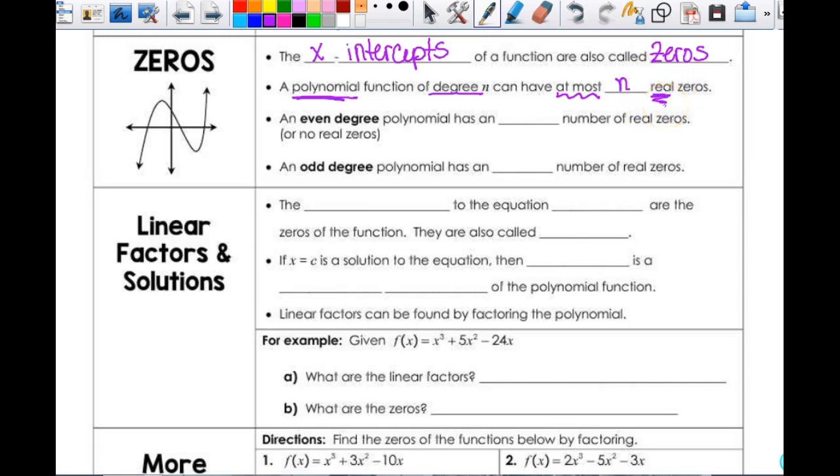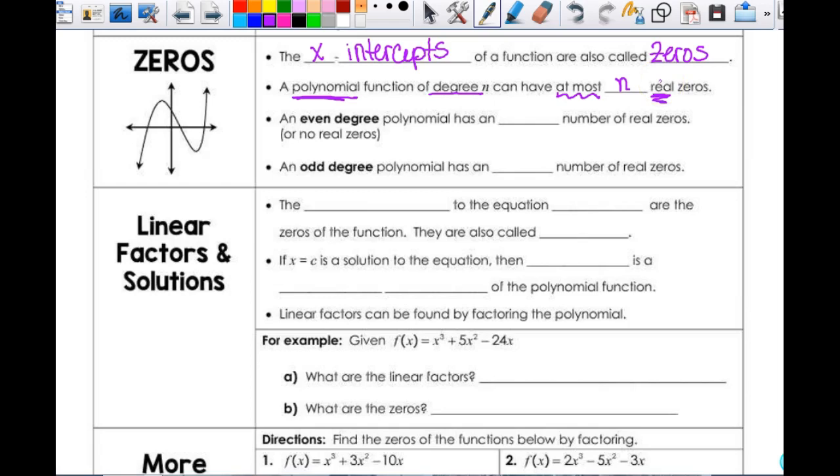That word real is important for us because those real ones are what we're actually putting on the x-axis. So if I have a fifth degree polynomial, it's possible that I could have 5 x-intercepts that I can actually graph. But maybe I don't have 5. Maybe I have less than that because some of them aren't real zeros. So that's where the word real makes a difference in the definition.